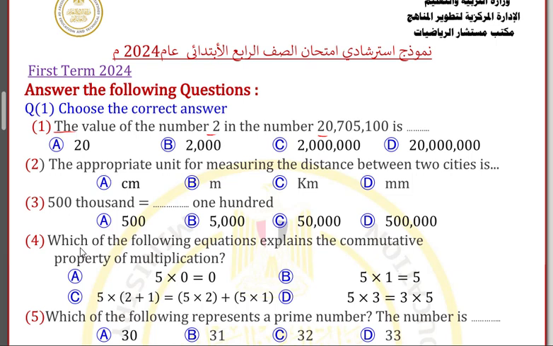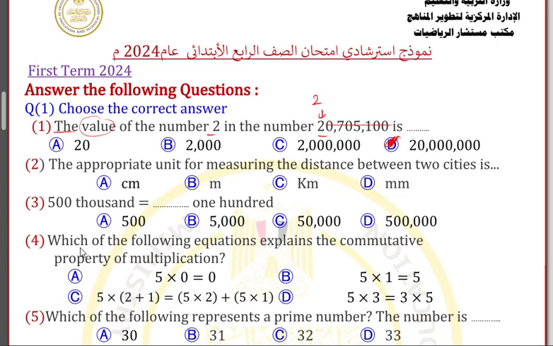We said that value needs a number, so 2 here is in the ten millions, so it is going to be 20 million, letter D. Or we can put 2 and replace all the other digits with zeros.